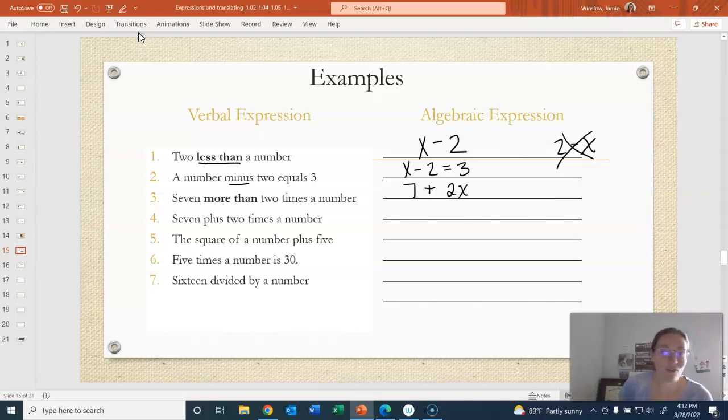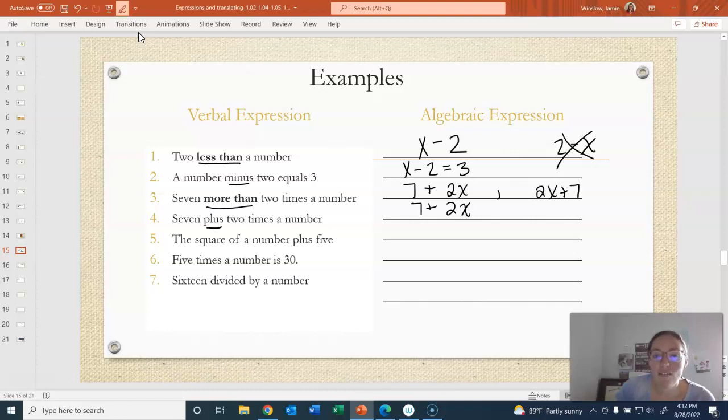Now addition, remember order doesn't matter, so you could write this as 2x plus 7 if you wanted to. They do mean the same thing. Number 4, 7 plus 2 times a number. You can see those are the same. I just wanted you to see the difference there, more than or plus.